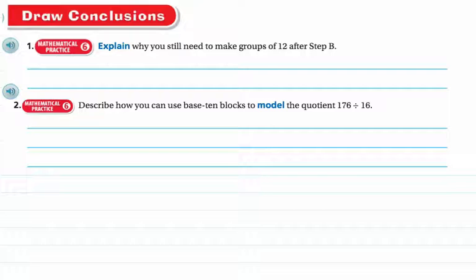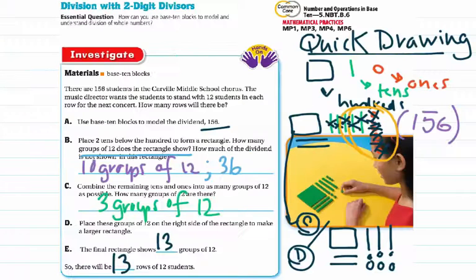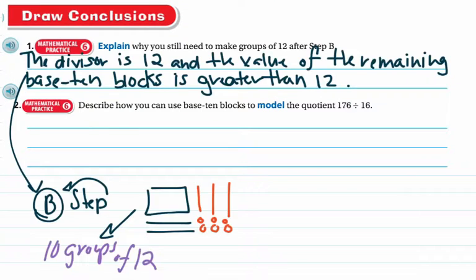Mathematical practices. It says, explain why you still need to make groups of 12 after step B. So in step B, students, I'm going to put an orange circle around step B. This was step B. So it's asking us, after we do step B, why do we still make groups of 12? So what you'll notice, students, is I redrew step B here in navy blue. So what we have in step B is our 10 groups of 12.